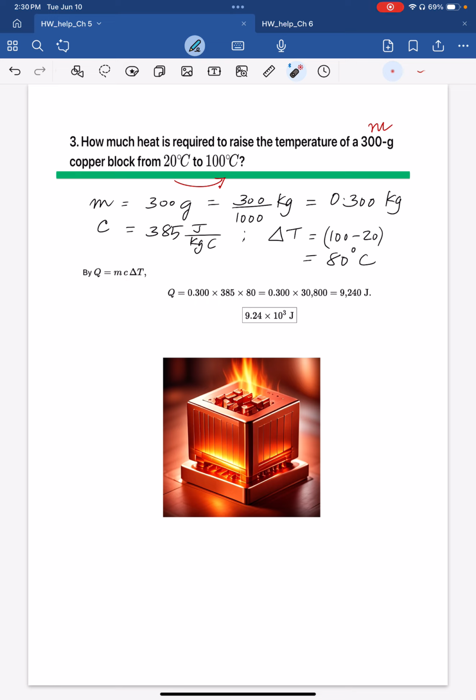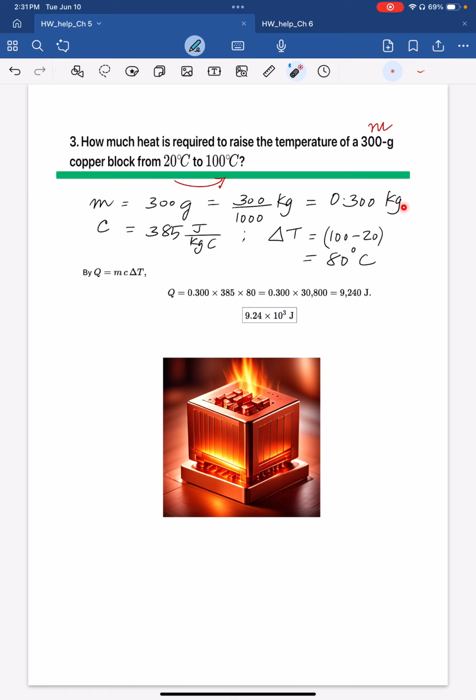Now that constant will be given. You do not have to memorize that. So for copper, it's 385. So you can see that here. So multiply the mass, but it should be in kilogram. That's why I have first changed the gram into kilogram. 1,000 grams make a kilogram, so I have divided it by 1,000.